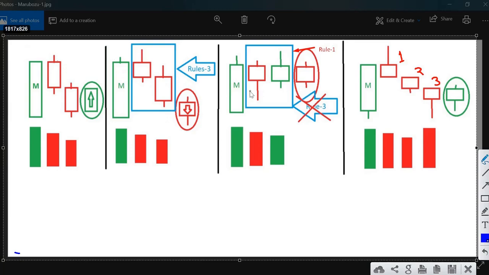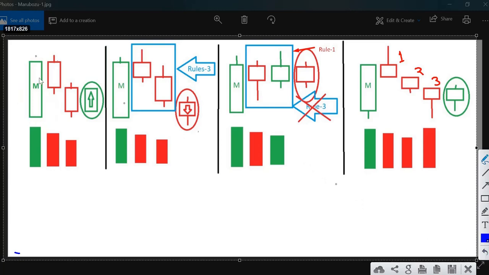I will discuss all the pictures one by one. Now come to this picture. In this picture we can see the first candle is a strong healthy candle, and this candle has no upper side and no lower side wicks. That means this candle is a Marubozu candle, right?